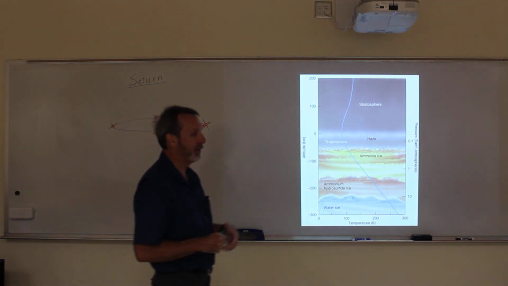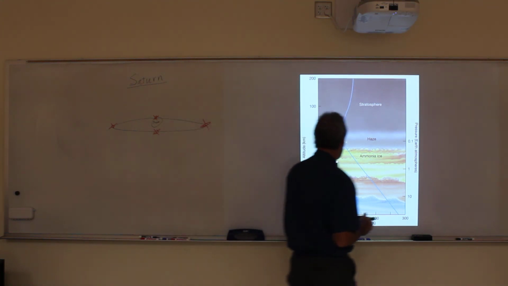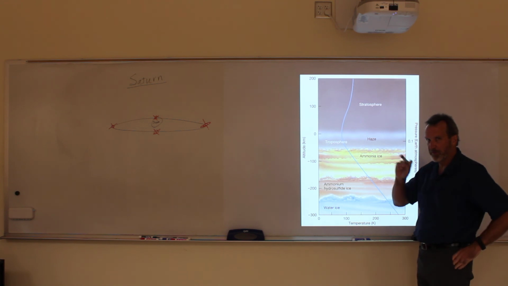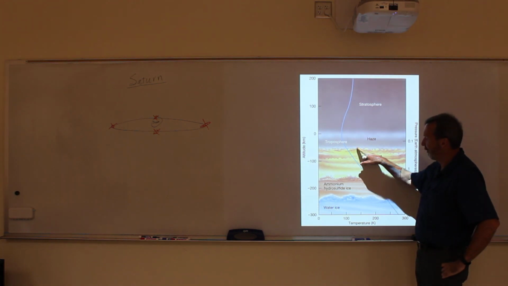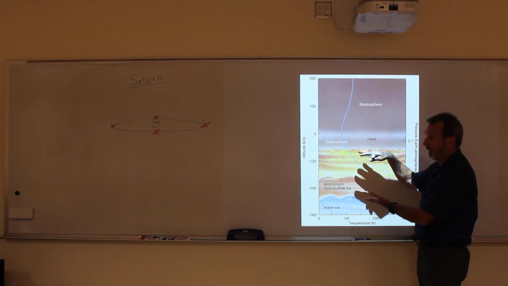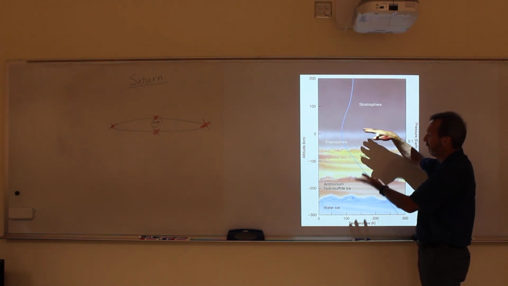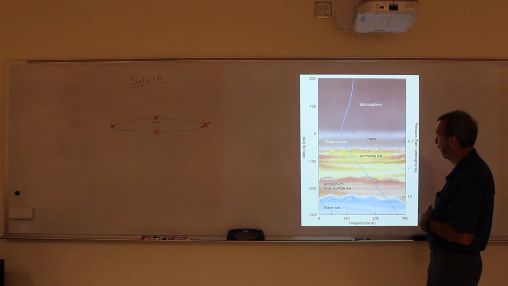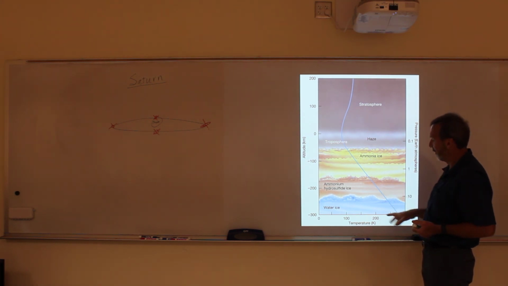And for the same reason we have different colors, it's because you're seeing different layers in the atmosphere. Very similar to Jupiter. The only real difference here is the scale of this has changed. All this is at different altitudes, more compressed together for Jupiter, and the temperature is more extreme here. So that's the biggest difference here.